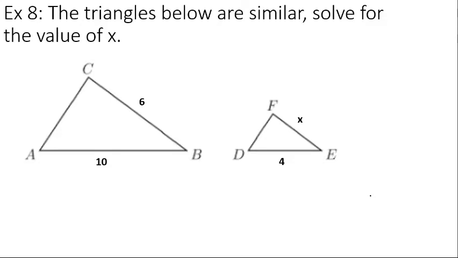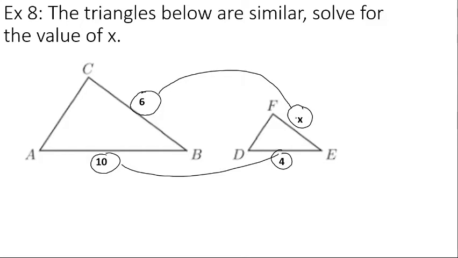Okay, 8 says the triangles below are similar. Solve for the value of x. So same thing here. The 6 goes with the x because they're corresponding sides. 10 goes with the 4. So I set up my proportion here. I put x over 6 equals 4 over 10. And I cross multiply.